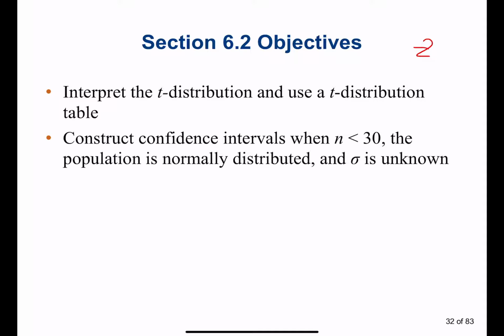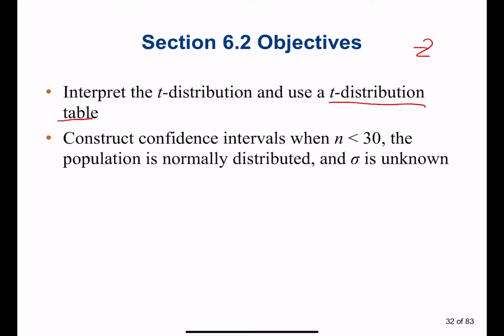This t-distribution table you can find in the file where the tables are. So I would recommend you pause this recording, open your t-distribution table, and get ready so you can move on with the video.